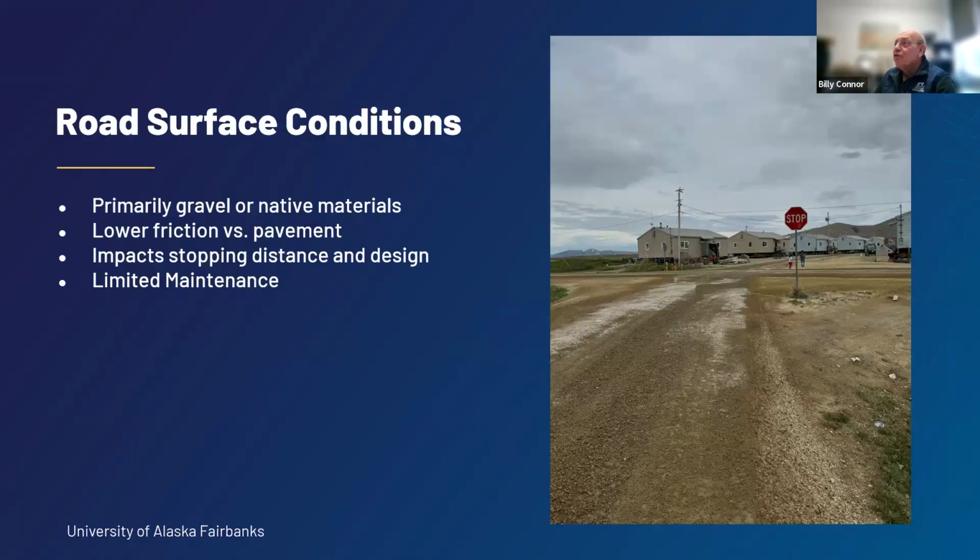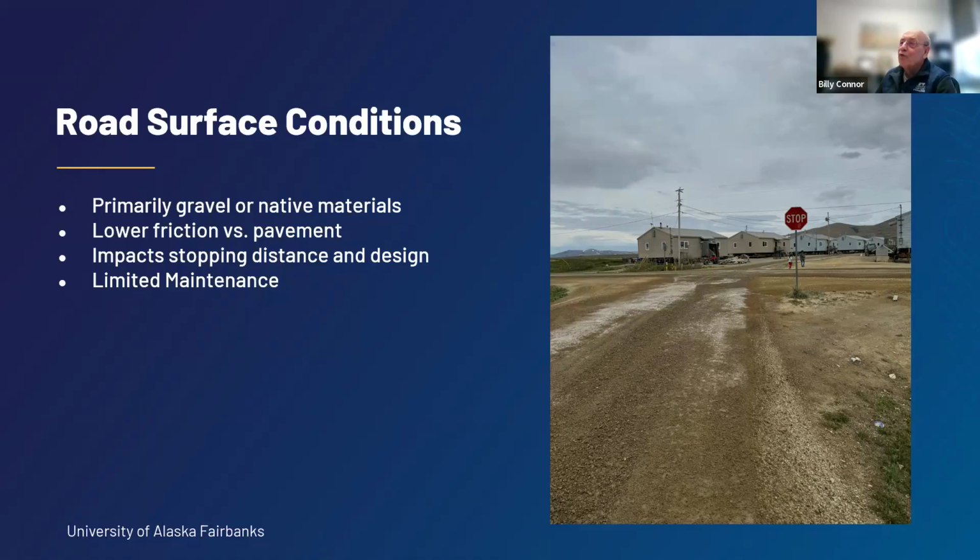Okay, as we said, road conditions we have to account for primarily road or gravel or native materials. The lucky villages do have gravel, but many of our villages are silts and sands and river materials, and that's very much a part of what we have to account for.